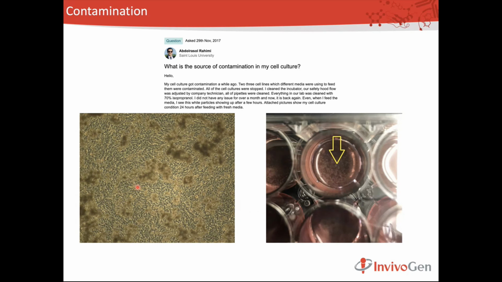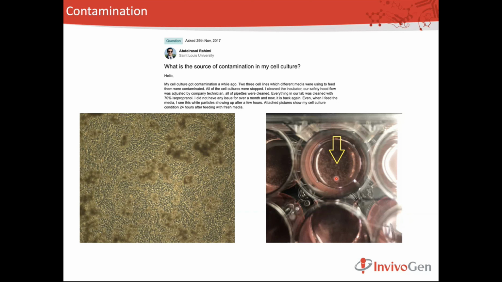For example, on the left, this is your common cell culture. You have the cells in the background, pretty much 100% confluent. But then you also see some other things on top of it, which don't look like your cells.